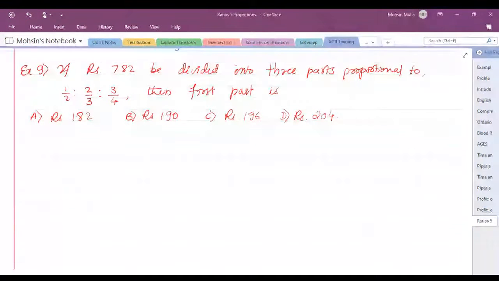Then after that, what did you do? 1 by 2 into total value divided by total ratio. Okay, so you got the answer in that manner.